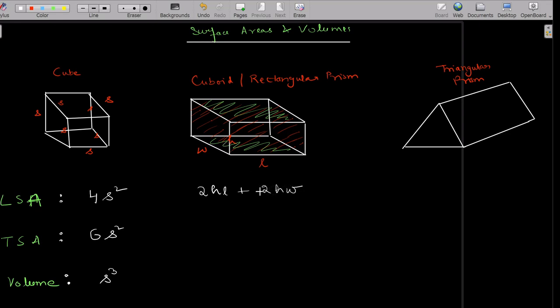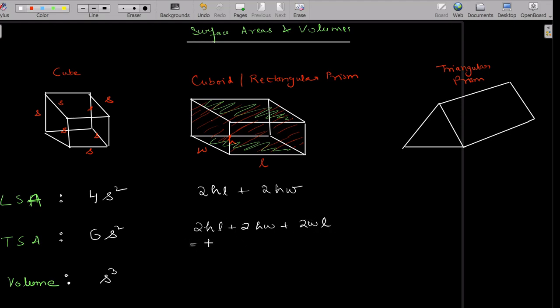Yes, you're absolutely correct. So we have removed the area of the top surface and the bottom surface, which will be 2 times the width times length. So in total surface area, we'll get the lateral, and the total surface area can also be written as the lateral surface area plus the area of the bases, which will be 2 times width times length.